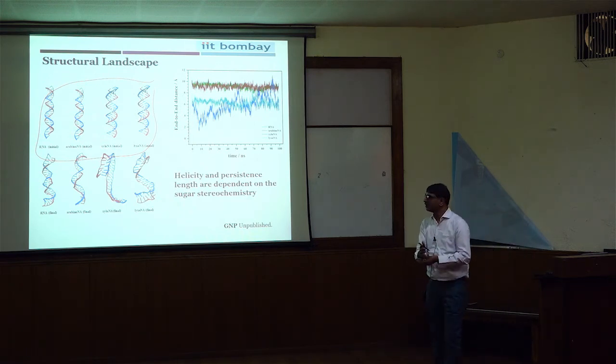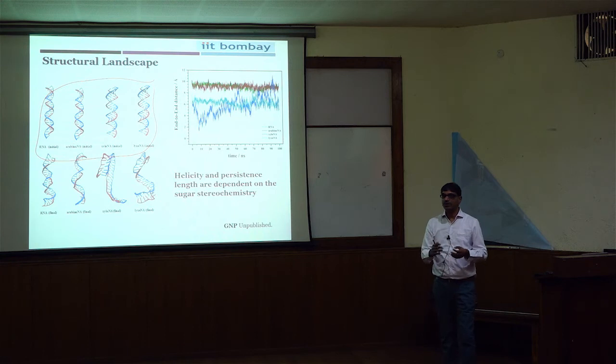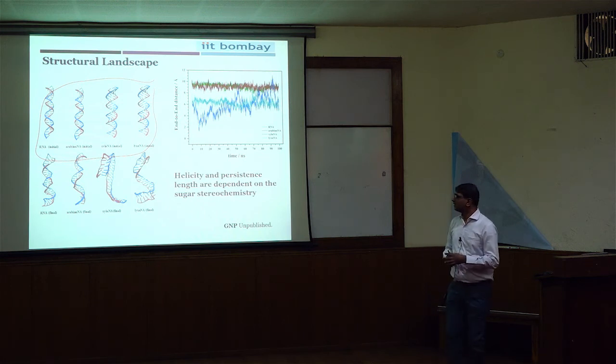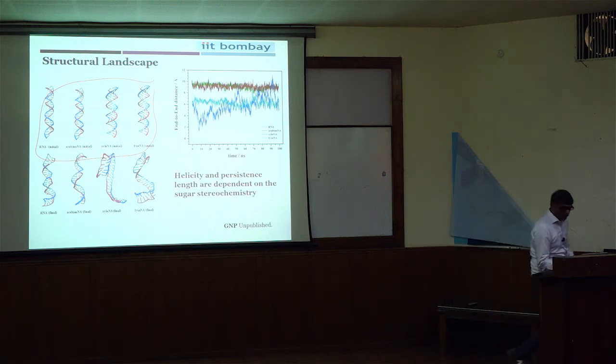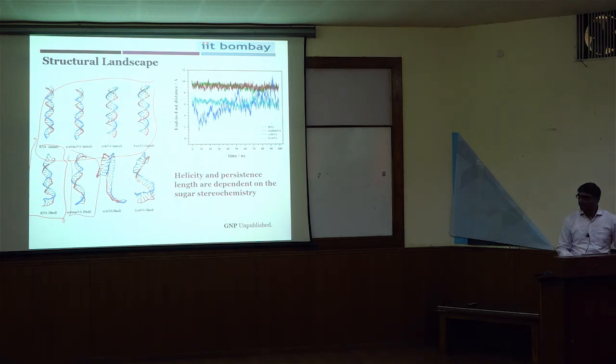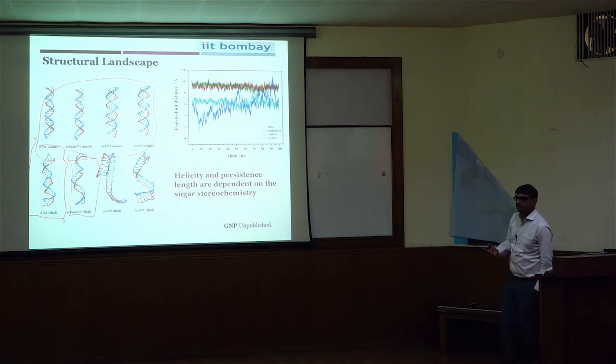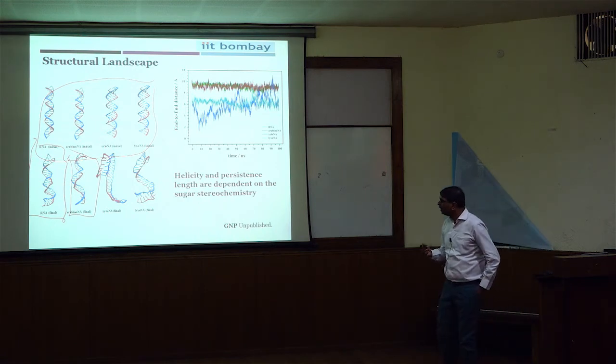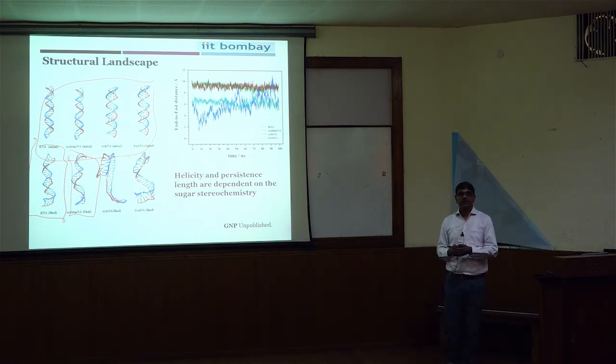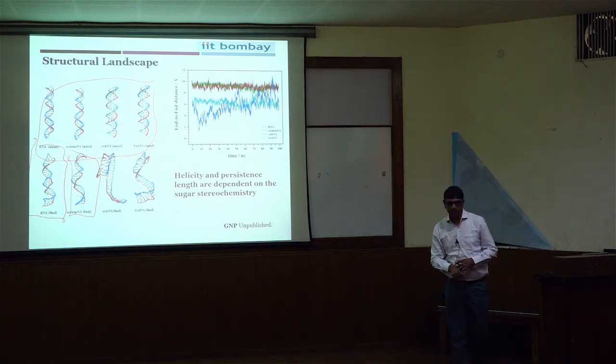At the end of the 100 nanosecond simulation, you will find that ribose and arabinose maintain helicity while lyxose and xylose do not maintain the helicity. Okay. Now you can see that at the end your ribose or RNA is still a helix, arabinose is partially a helix, while xylose and lyxose are anything but helices. Okay. Now we figured out by doing this simulation that the helicity depends on the stereochemistry that you have in the sugar moiety.